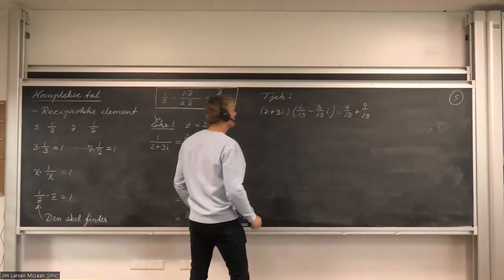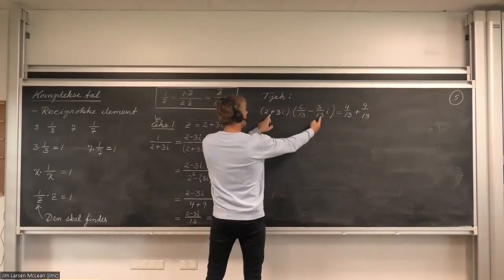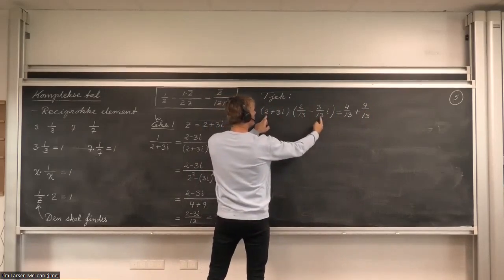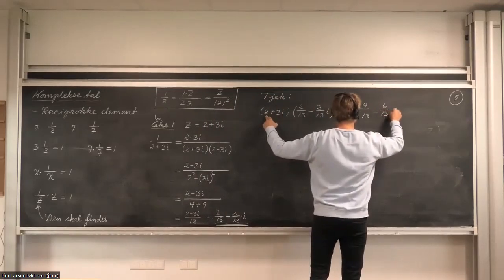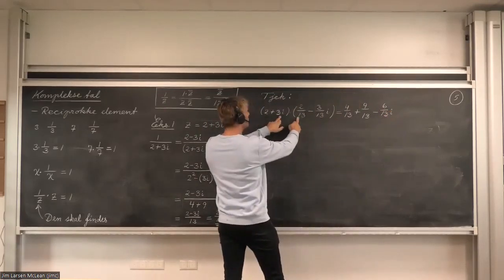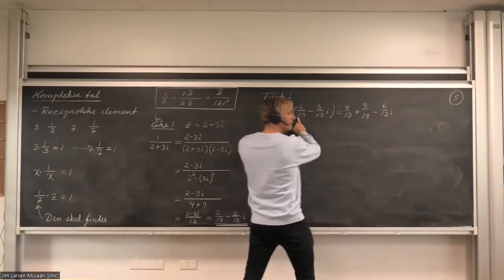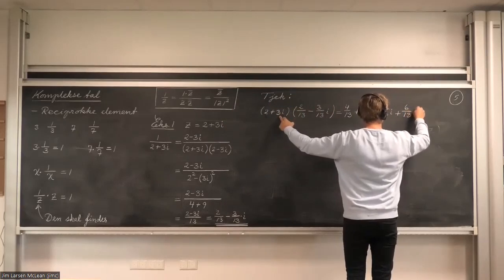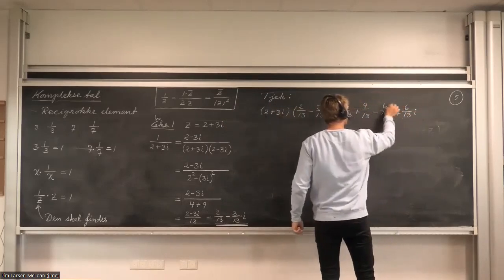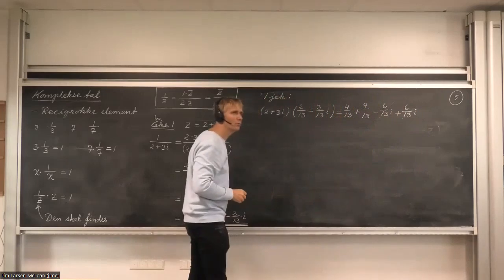What am I missing then? Then I need to say that times that and that times that. Here it gives minus 6/13 i, so I write minus 6/13 i. And when I multiply that by that, it gives plus 6/13 i. So we see that this one is as big but with the opposite sign as that one, so they cancel out.